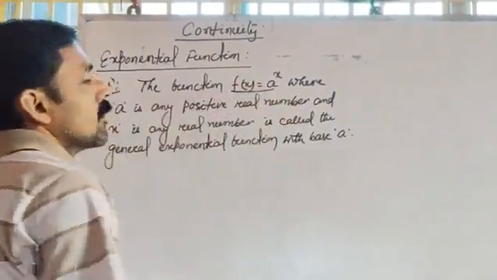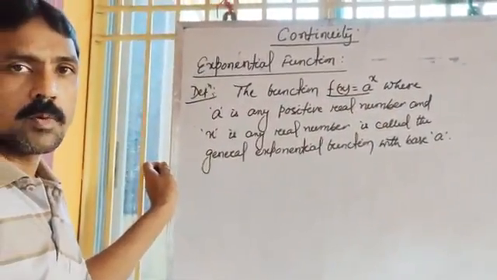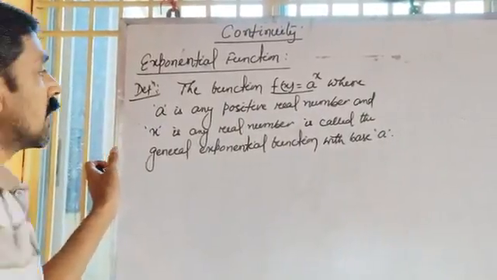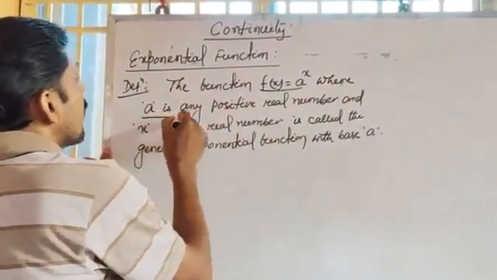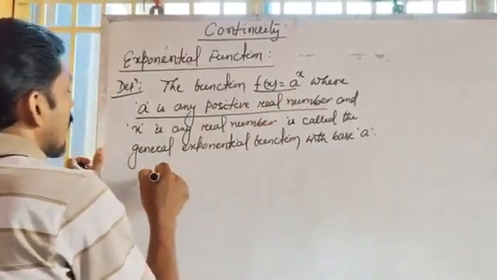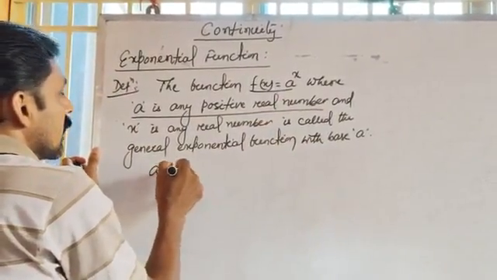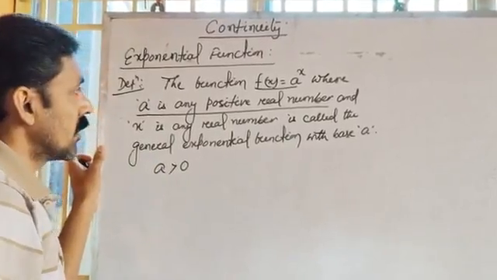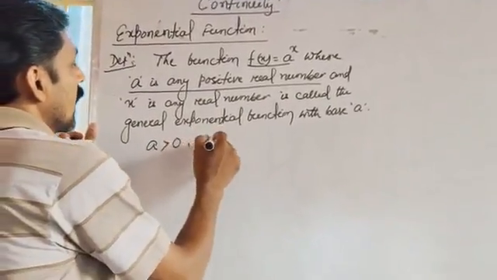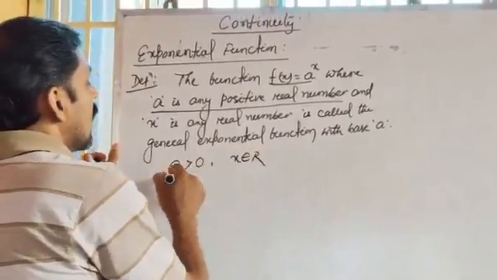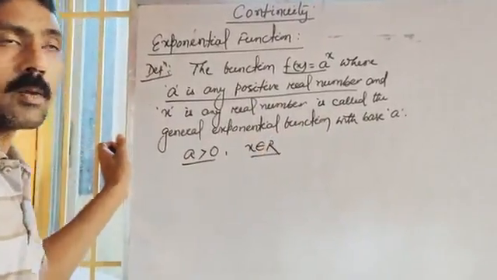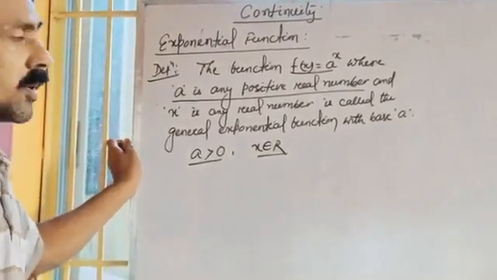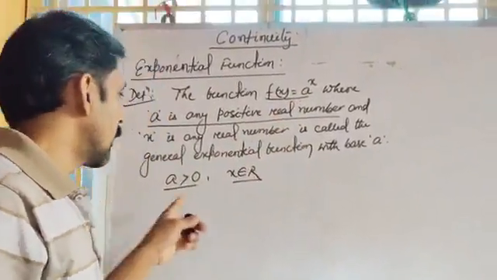So this is the exponential function definition, a to the power x. And here a is any positive real number, meaning a is greater than 0, and x is any real number. It may be positive, negative or 0. But the base is always positive.